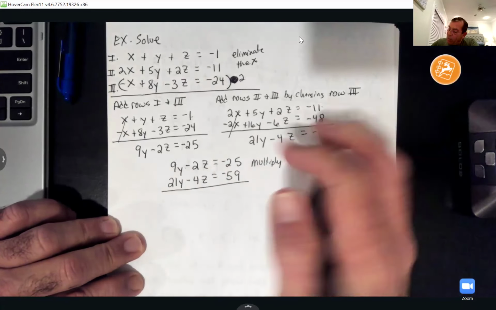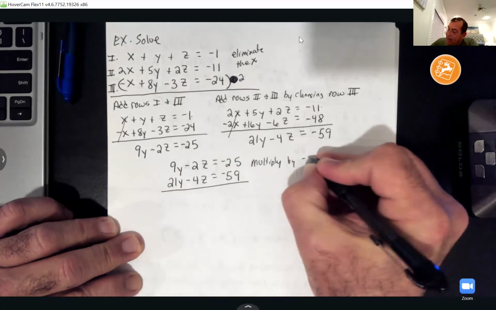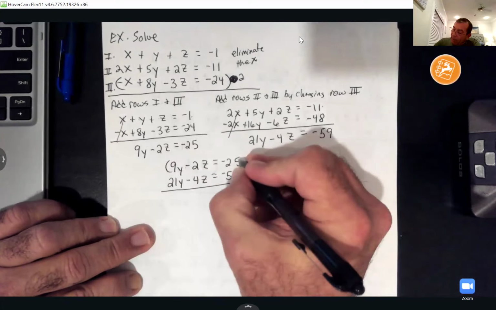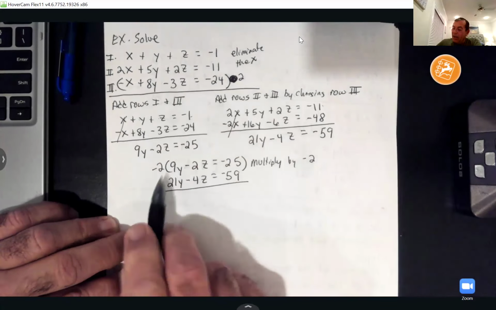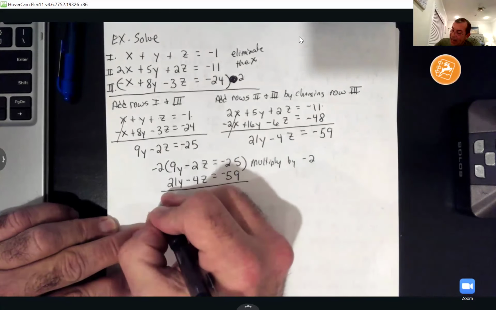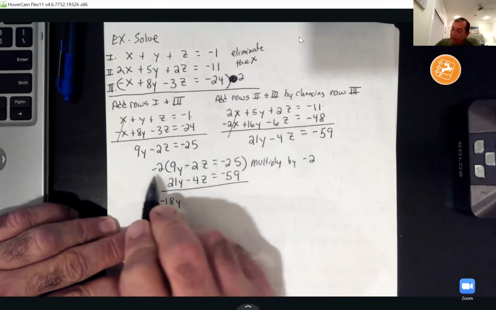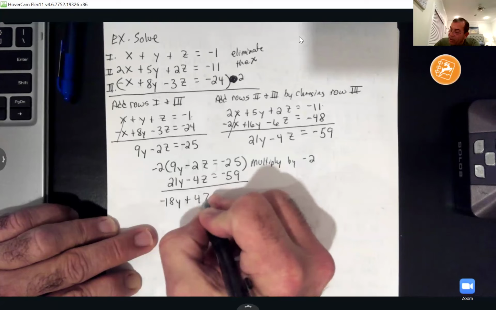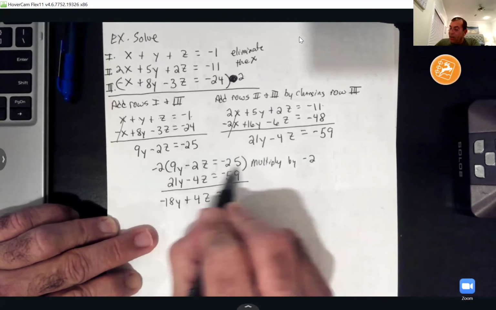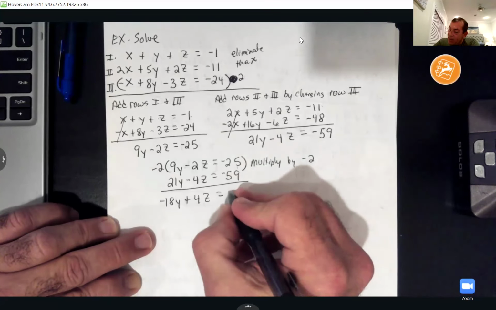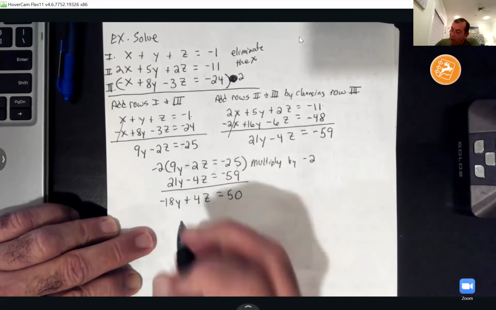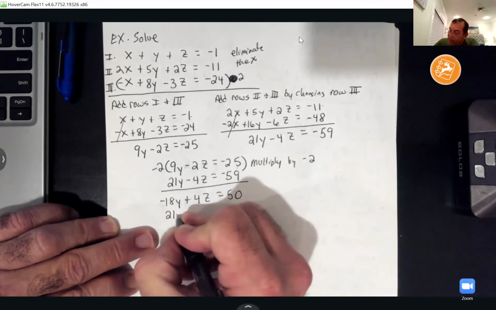So this row I'm going to multiply by -2. All right, y'all. -2 times 9 is a -18y. -2 times -2 is a +4z. -2 times -25 is a +50. Now bring the second row down. We didn't change it.